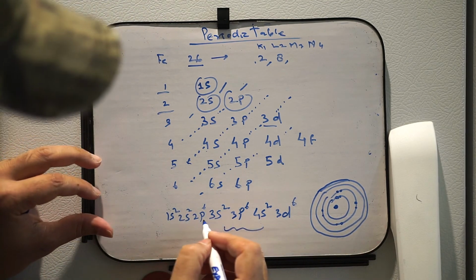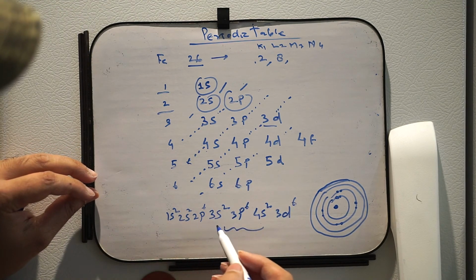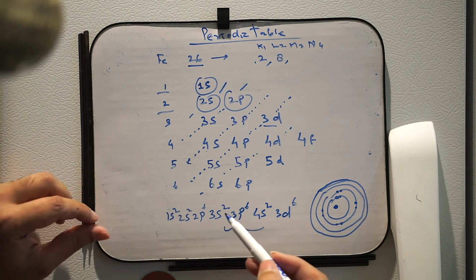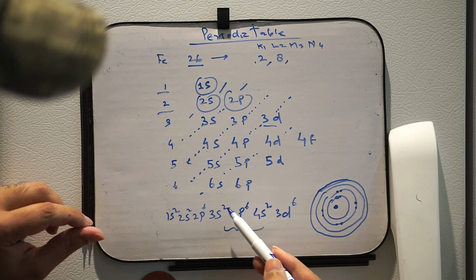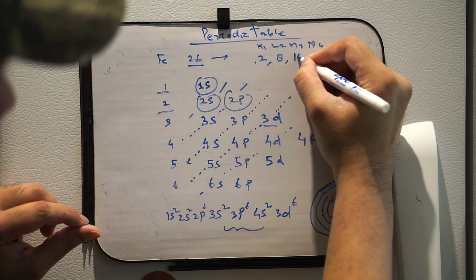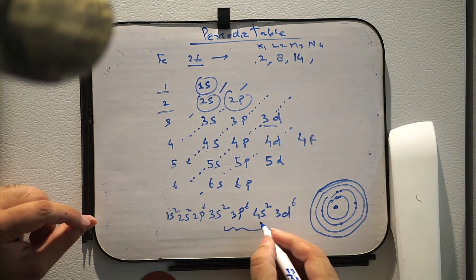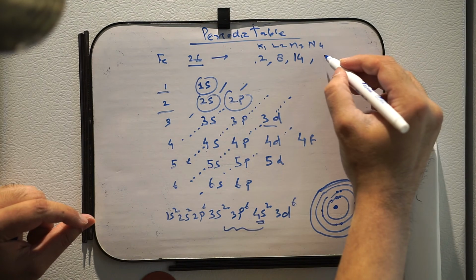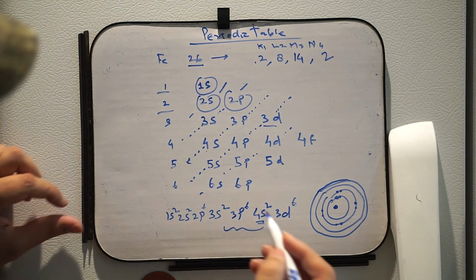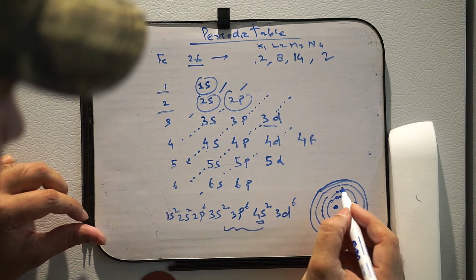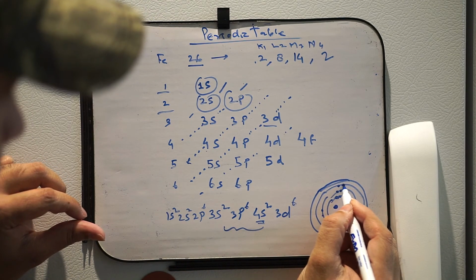So if we were to combine everything that's in the third layer, how many is it? We've got 6 plus 6, 12 plus 2, 14. And then we're left with 2 electrons in the fourth shell. So 14, that's going to be interesting. In the third layer, you've got 2, so we've got 2s.